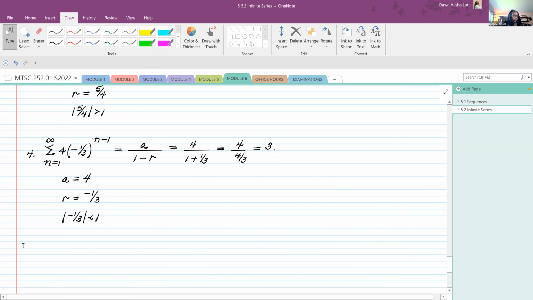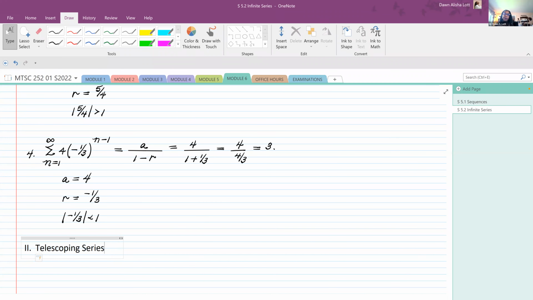Okay. Number 2, telescoping series. All right, so the only thing I can tell you about telescoping series is when you write out the series, all the internal terms will add and subtract each other away. Okay, so here's an example.